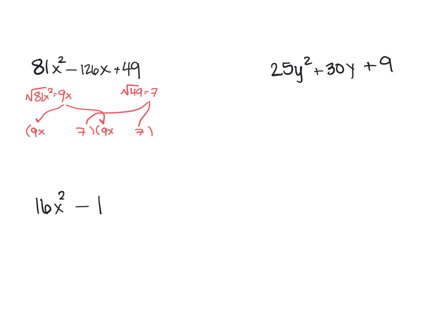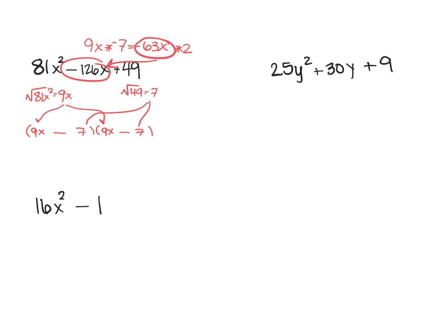Now from here, we just have to decide what this middle term is telling us. Because we have this middle term as a negative number, we know there's going to be 2 negative numbers. The reason is that we're going to have 9x times a negative 7, which gives us negative 63x, and then there are 2 of them, so we would multiply that by 2 to get that 126 to be negative.